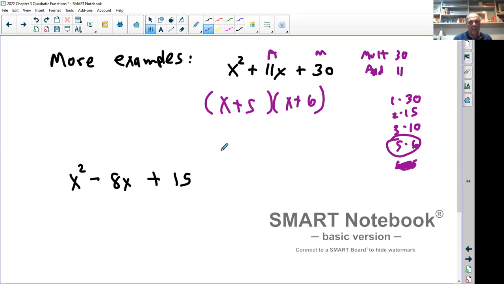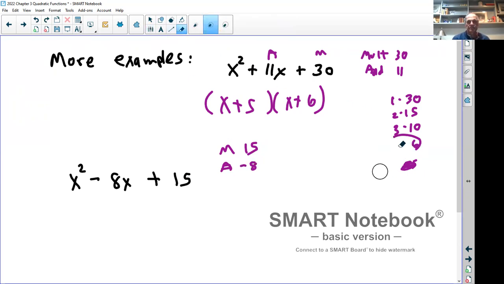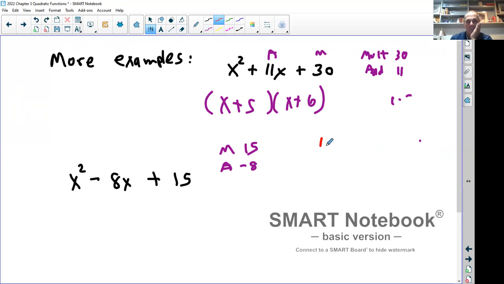Multiply to 15 and add to -8. Signs definitely make a difference. Let's think about this. Multiply to 15, add to -8. Well, how about 1 times 15, 3 times 5? But 3 and 5 don't add up to -8, they add up to +8. So actually -3, -5, right?